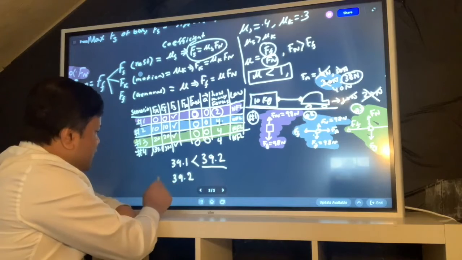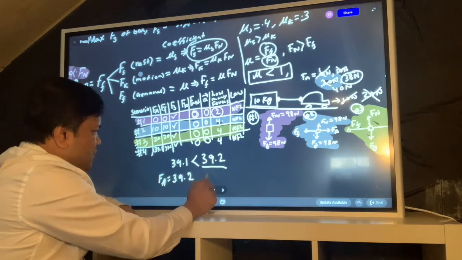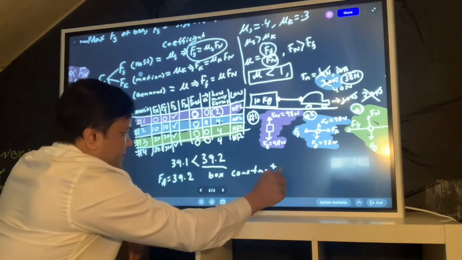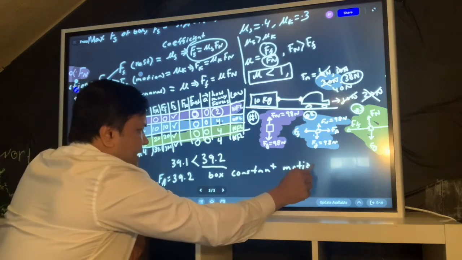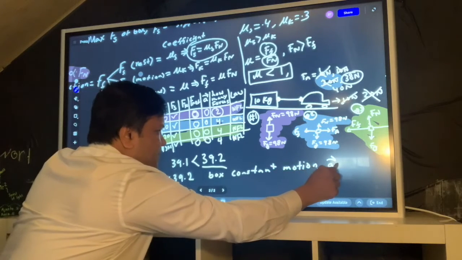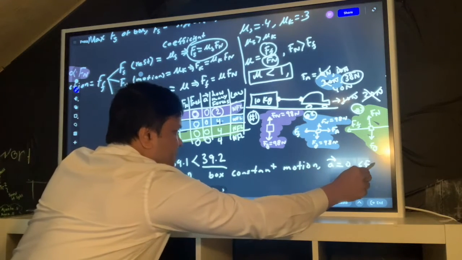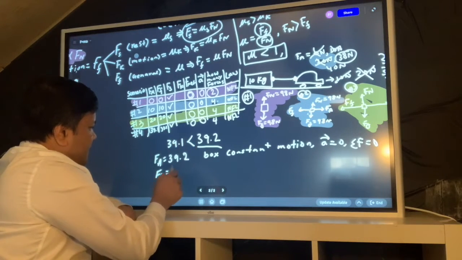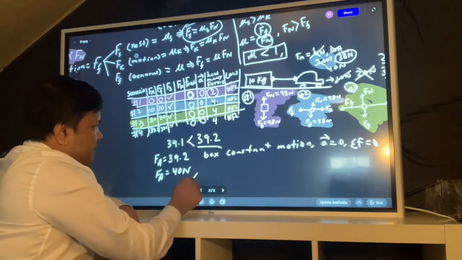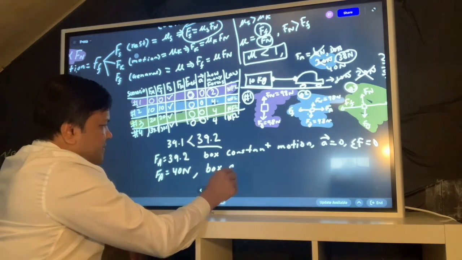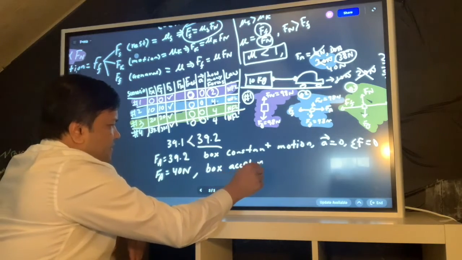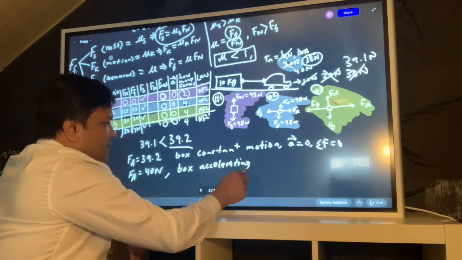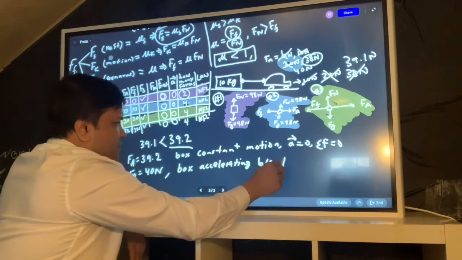If you apply 39.2, then the box would be in constant motion, and acceleration would be 0 because net force is 0. If you apply more than 39.2, let's say 40 Newton, then the box would be accelerating, because the net force is going to be more than 0.